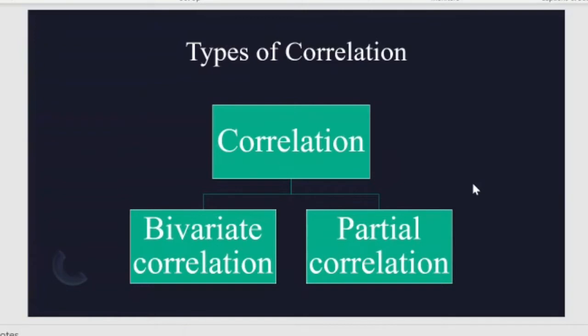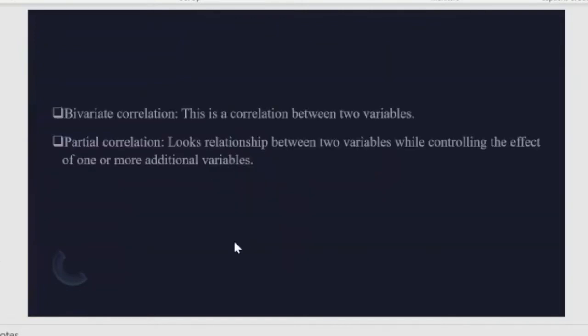No problem. Bivariate correlation is simply correlation between two variables. Like if I want to know whether there is a relation between exam performance and exam anxiety, that is bivariate correlation. Partial correlation means when we want to control other variables.